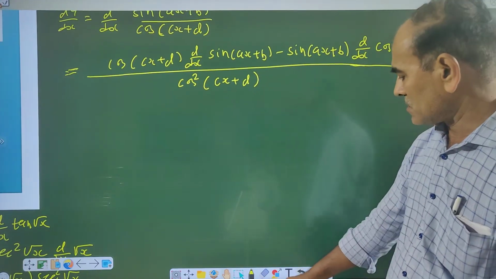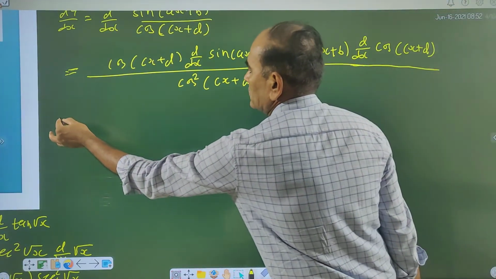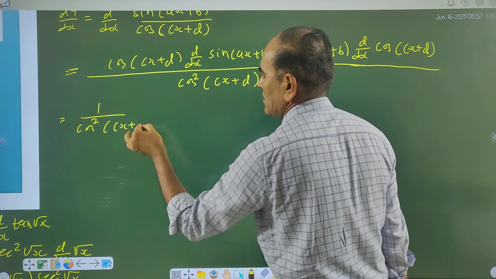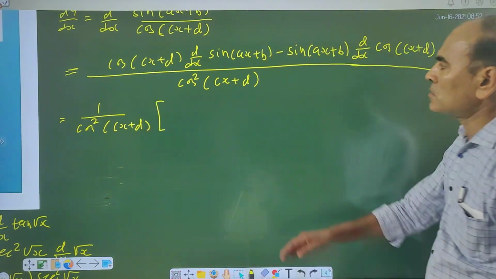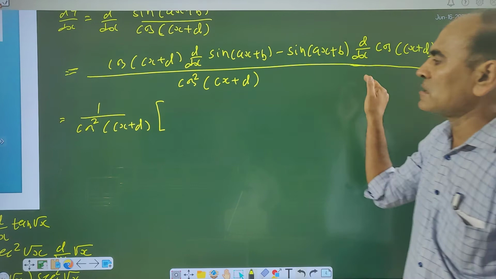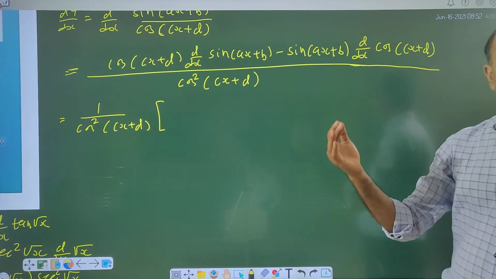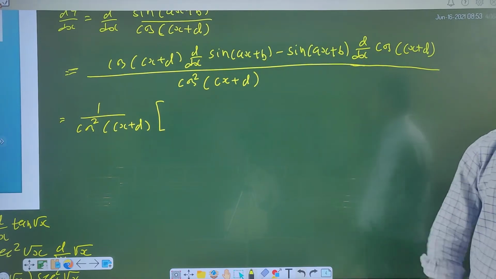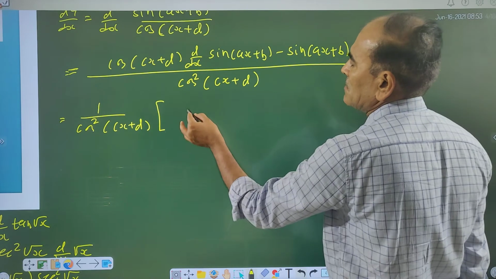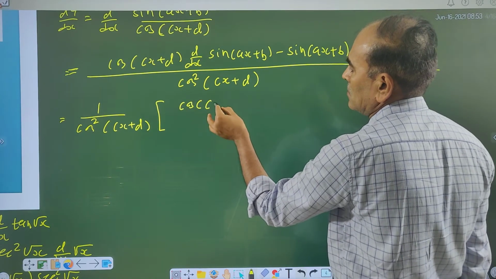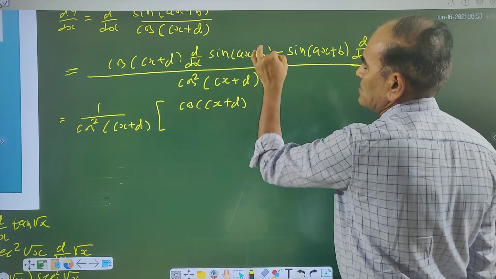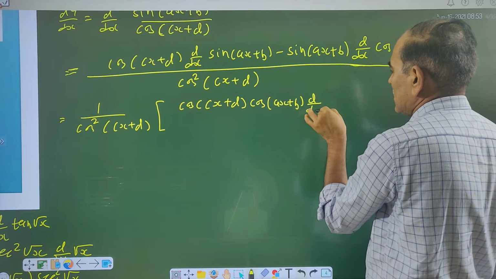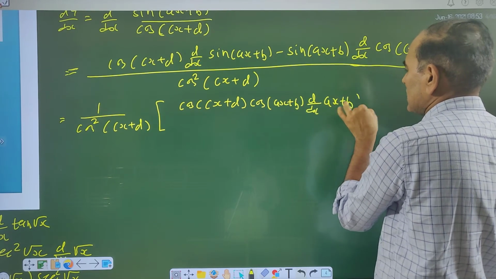Now, see the forms. Here we can write directly in this way also: cos square(cx + d). So there is no need to make this division sign throughout, because x by 2x plus y upon 3, that is 1 by 3 of 2x plus 0. Now first term as it is, cos(cx + d) as it is, d by dx of (ax + b).